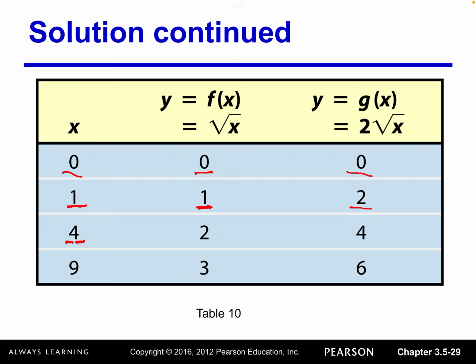If x equals 4, square root of x equals 2, and g of x is 4. If x equals 9, square root of x is 3, and y multiplied by 2 is 6. So all y coordinates are multiplied by 2 while x remains the same. That's the effect of a vertical stretch by 2.